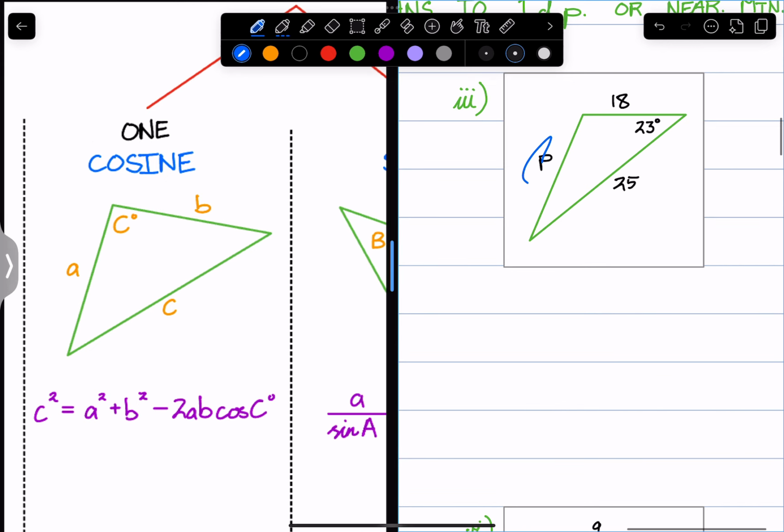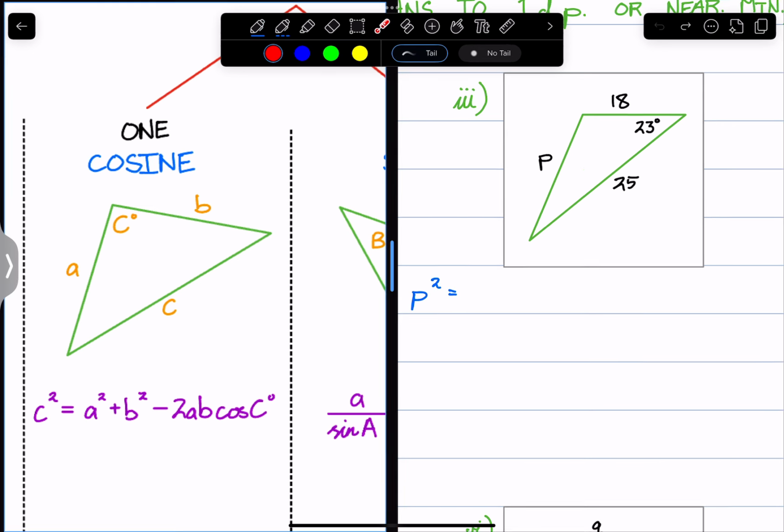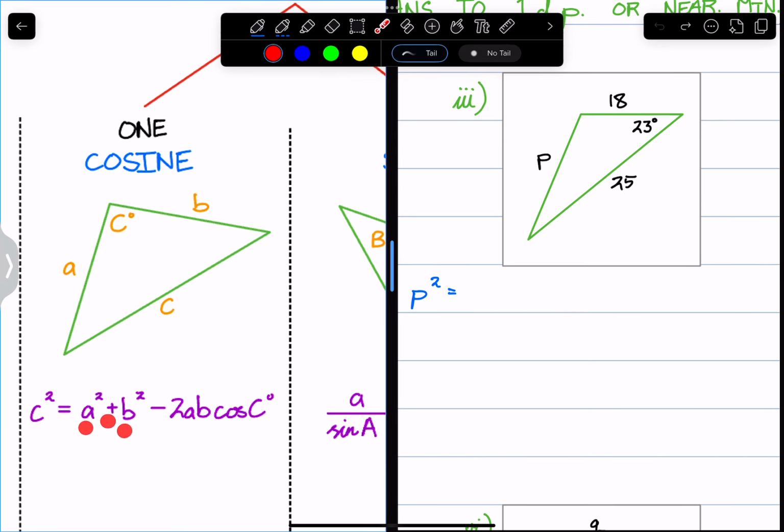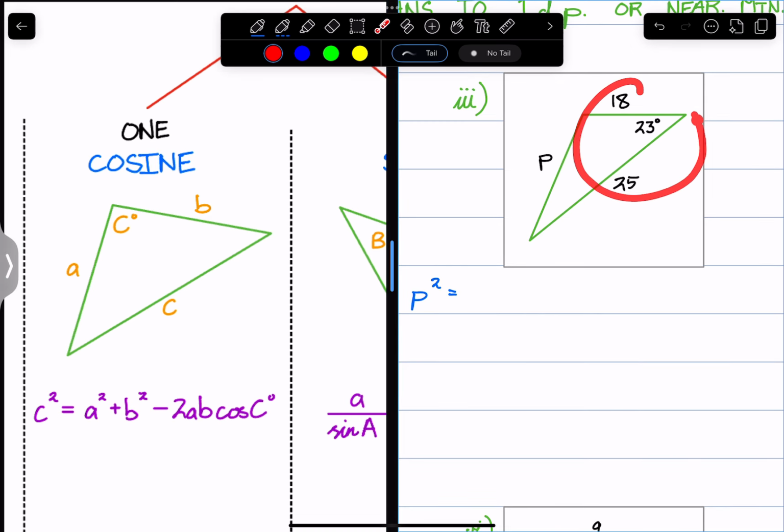In this one, we want p to be the missing value, so p squared equals a squared plus b squared. In this one, c is this one. So a and b close off the angle. In our problem here, a and b close off our angle.